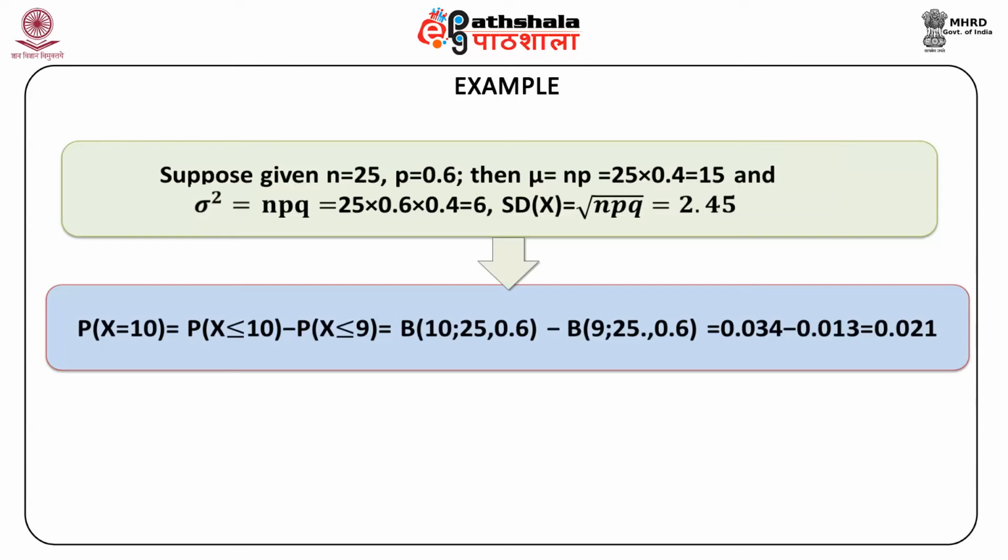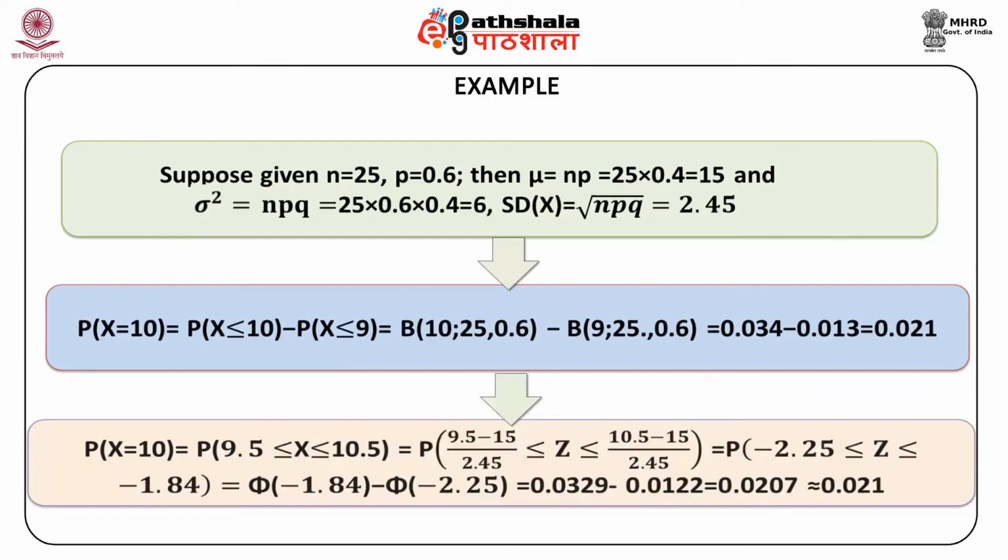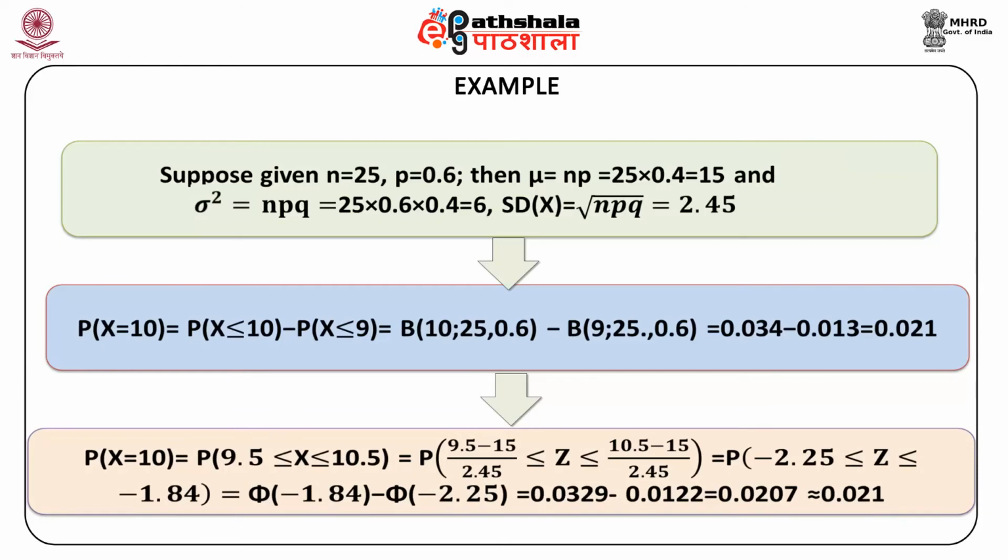Approximating the same with the area under the normal curve, the probability of x equal to 10 is equal to the probability that x lies between 9.5 and 10.5, which is equal to the probability that z has to lie between (9.5 minus 15) divided by 2.45 and (10.5 minus 15) divided by 2.45.